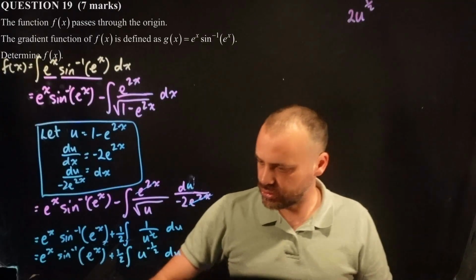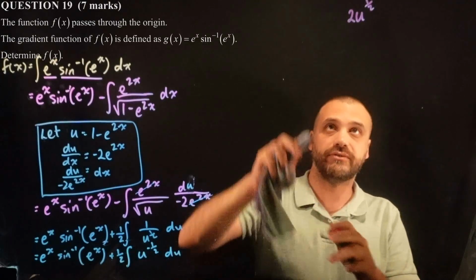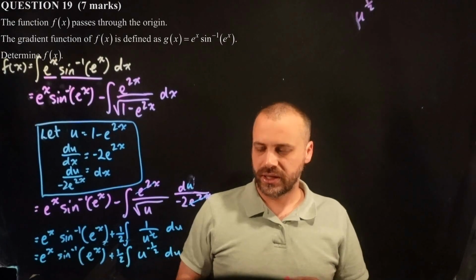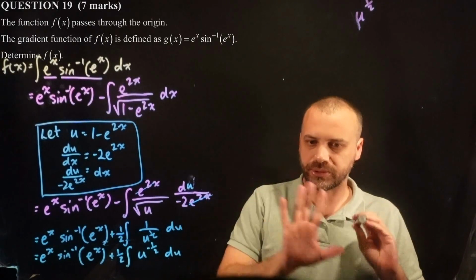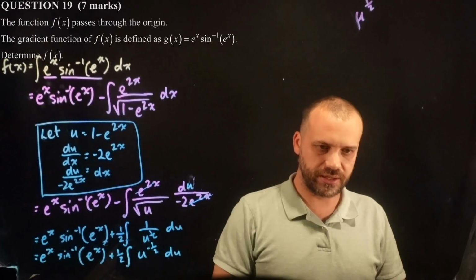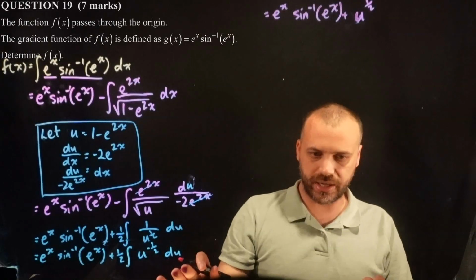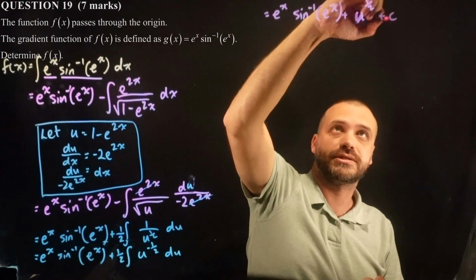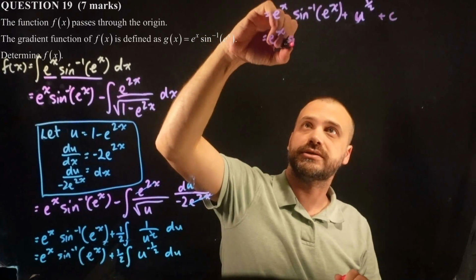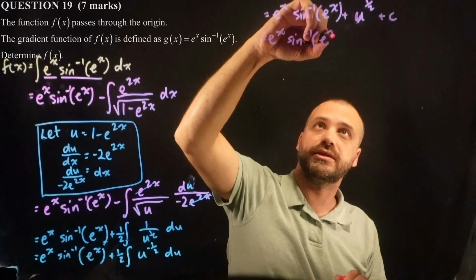So 2u to the half multiplied by a half makes u to the half. Now, of course, u is not u, but we'll deal with that in a second. For now, let's put the rest of our stuff there. Now, let's not forget we integrated here, so we've got a plus c on the end. And then finally, e to the x inverse sine e to the x.